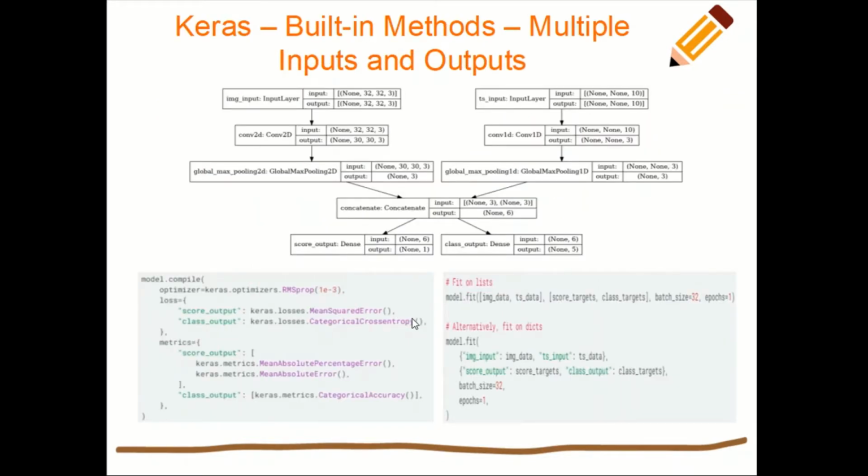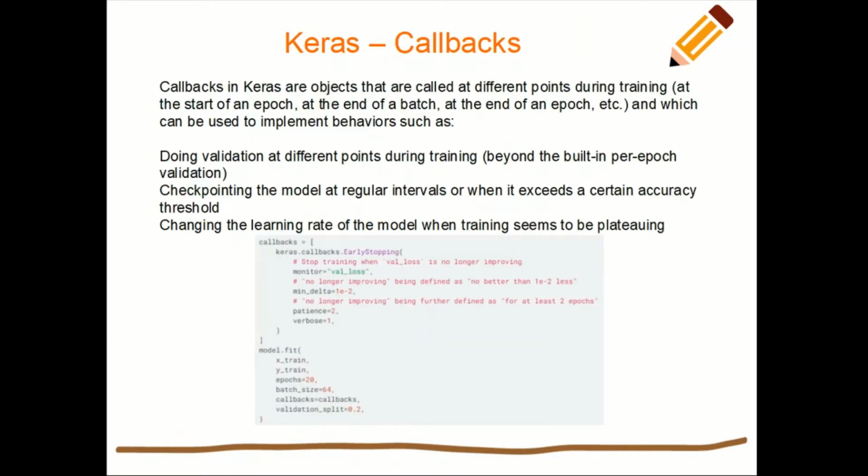We will see in the notebook how we can use the callback during the model.fit. In this case also, you can see we create a callback here, and then in the model.fit we say callbacks equal to callbacks, and we can give a list of the callbacks also.